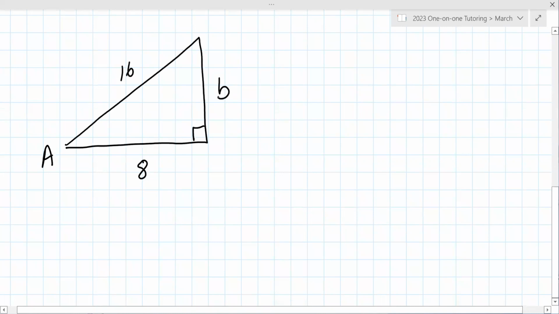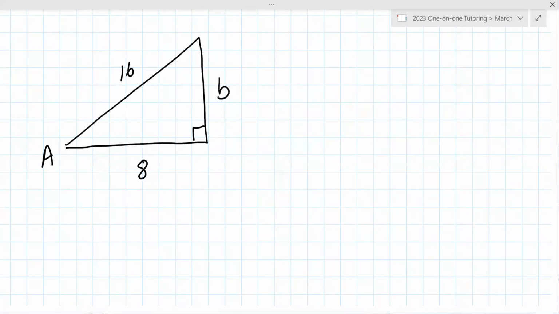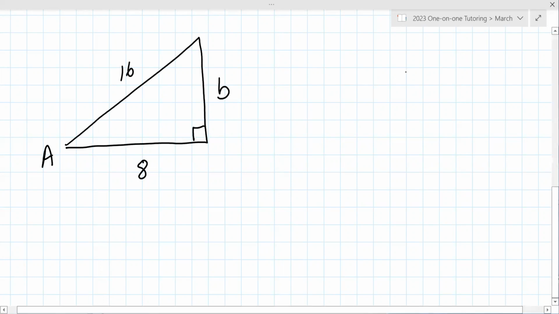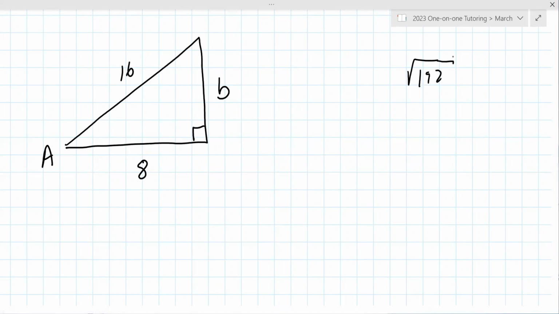So first I will do 16 times 16 minus 64, and then see if there's a square root of 192, which I then will break up. 192 divided by 2, 96, 96 divided by 2, 48, 48 divided by 2, 24, 24 divided by 2, 12, 12 divided by 2, 6, 6 divided by 2, 3.